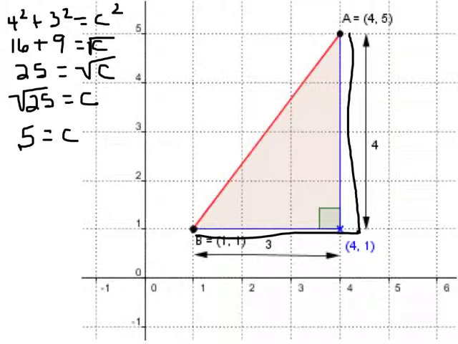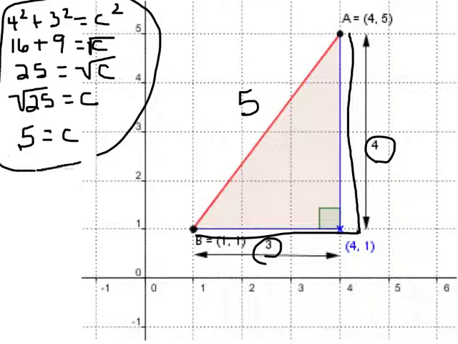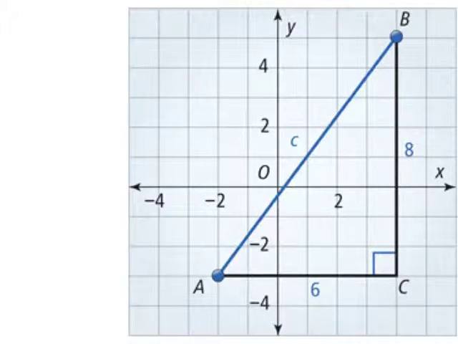Now, had you remembered your triples, you would see 3, 4, oops, this has to be 5, and save yourself all this work right here. So it's handy to know your triples. Okay, and this is another one that you see we have 6 units here.